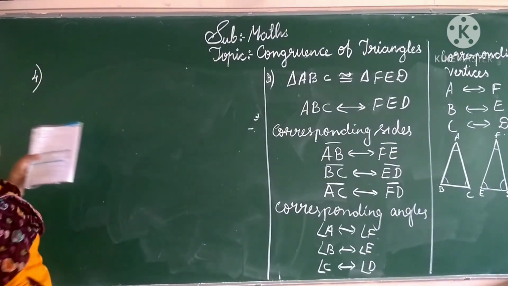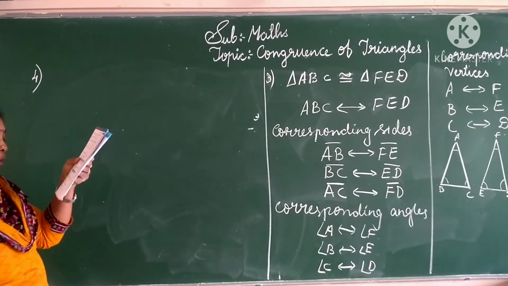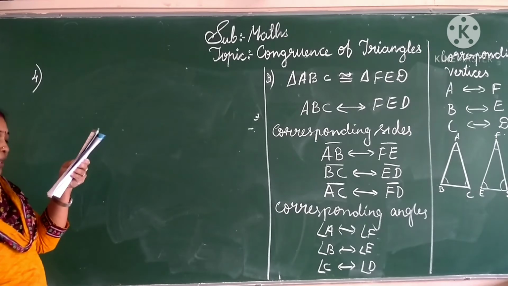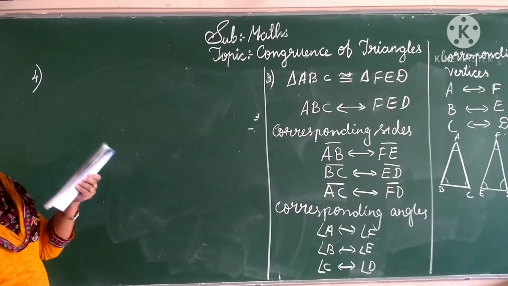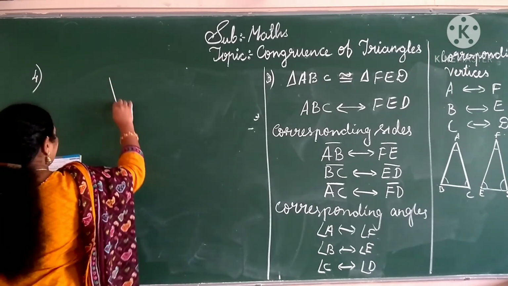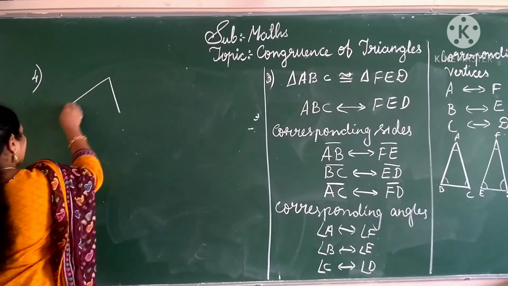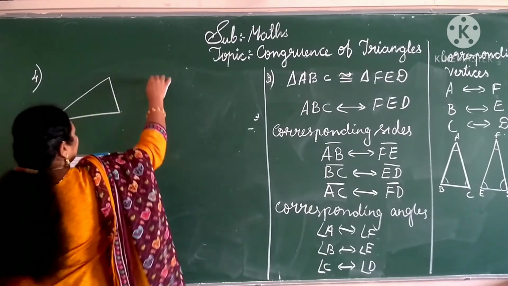Now let us look into the last one, that is the fourth one of your exercise 7.1. The fourth one says, if triangle DEF is congruent to triangle BCA, write the parts of triangle BCA corresponding to the given parts. As the figure in your textbook is given, based on that let us draw a triangle here, that is the right angle triangle.